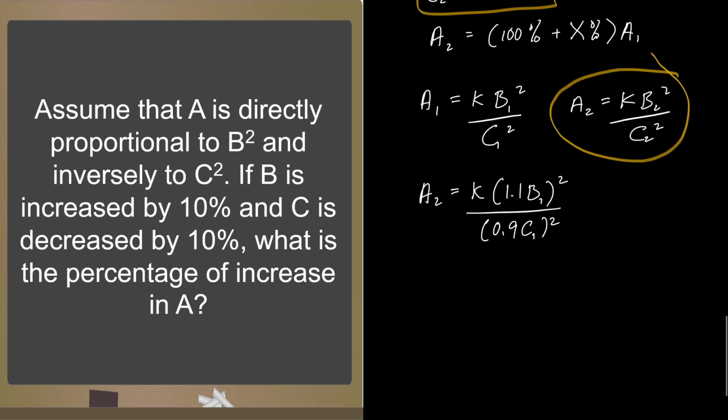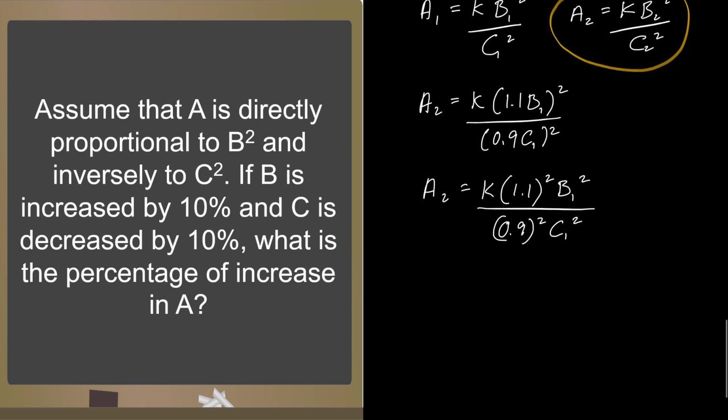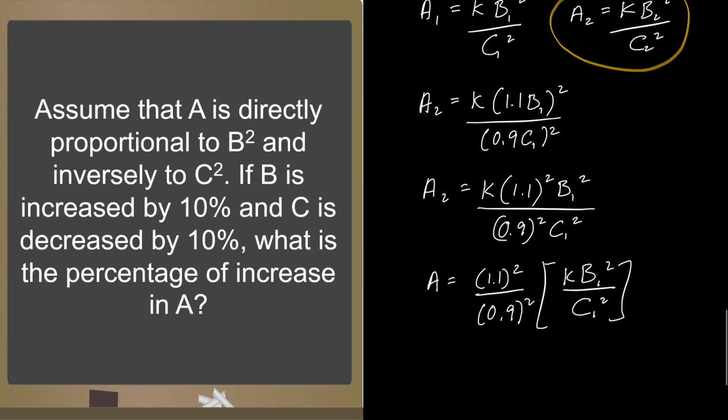Now let's distribute the exponent. So A2 is equal to K times 1.1 squared B1 squared divided by 0.9 squared C1 squared. We can also write this as A2 equal to 1.1 squared divided by 0.9 squared times K B1 squared divided by C1 squared.